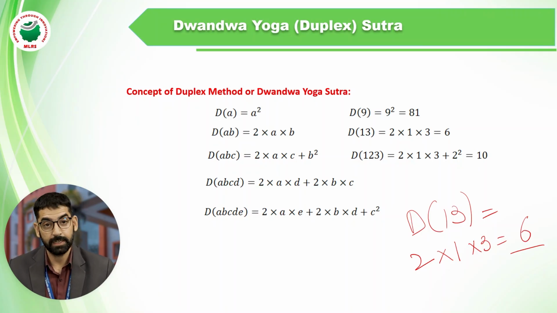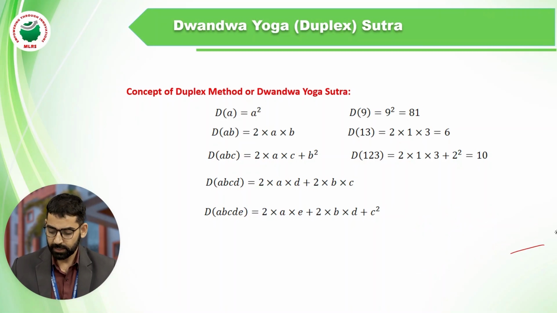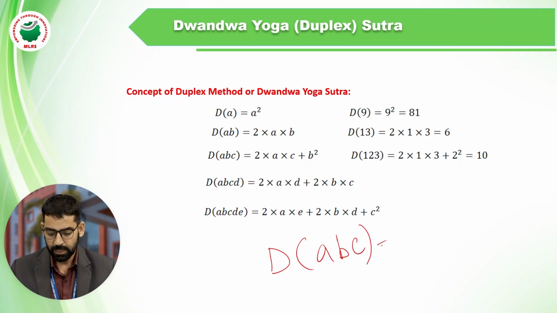Now if we have a 3-digit number, what do we do in that case? That is D of ABC. Here you can see that A, B, C are any 3 numbers. When we have to calculate the duplex of a 3-digit number, we take the pair of the first number and the last number.